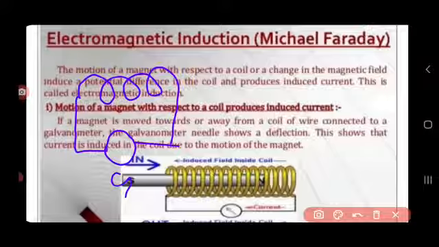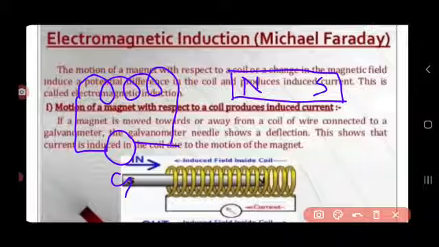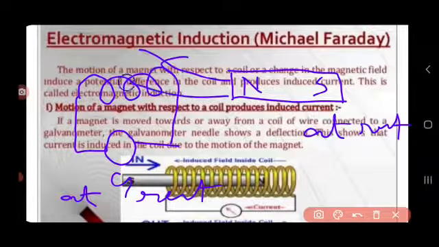And as the number of magnetic lines of force passing through the coil is not changed, flux is also not changed. And when flux is not changed, current is not induced, and the galvanometer shows zero deflection. So if there is no deflection of the galvanometer, that indicates that current is not induced in the coil.